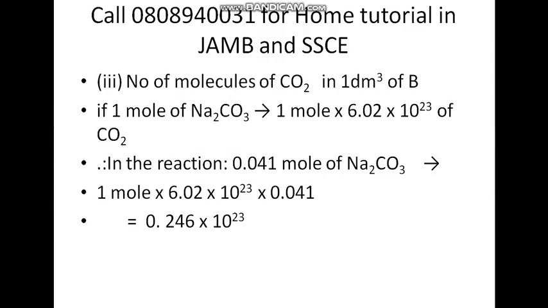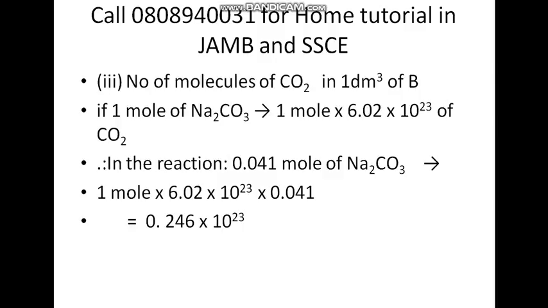Question 3 on the tutorial board is the calculation of number of molecules of CO2 in 1 dm cube of B, which contain 0.041 mole, which is the concentration of B in mole per dm cube. For this calculation, we use the stoichiometric equation for the reaction, that is 1 mole of Na2CO3 gives 1 mole of CO2.